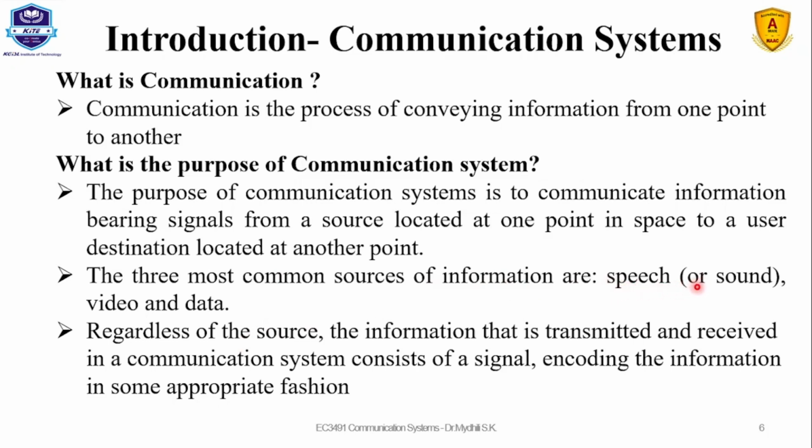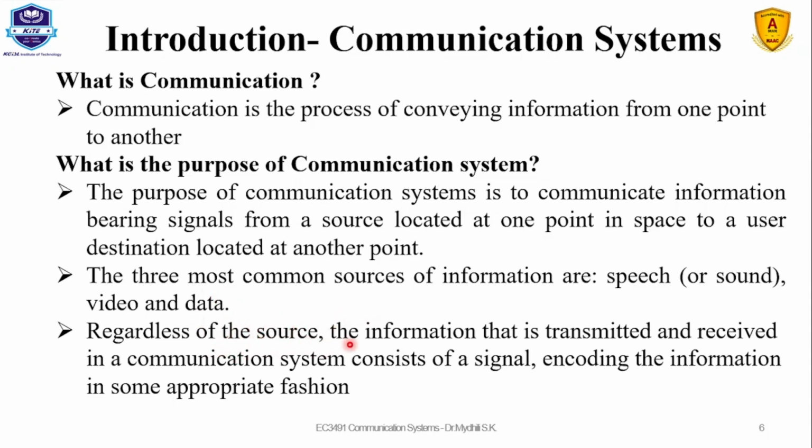It is an audio signal, which is simply known as a speech or sound signal. Then video signals, when we are making video calls you can relate to it, and data signals, when we are sending messages, text information or WhatsApp messages, which carry information in alphanumeric characters.